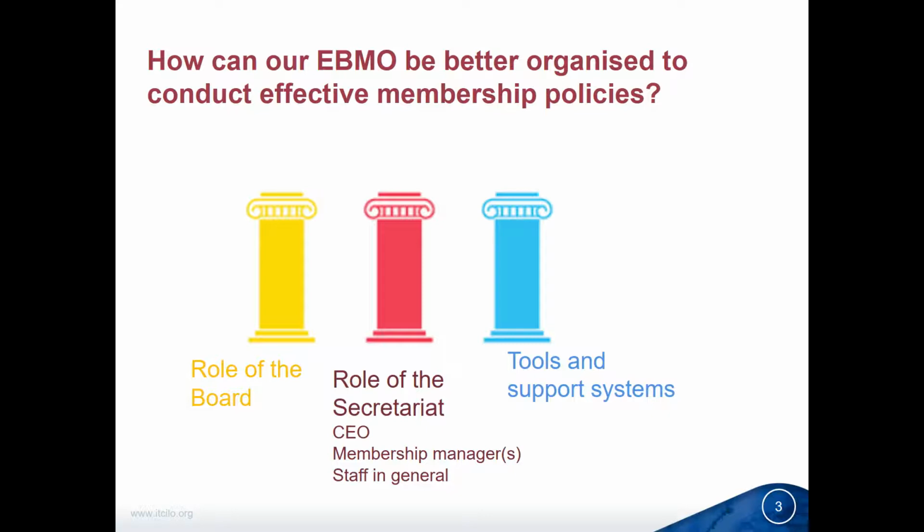So in the most important strategic decisions, the board has a role. And so this is why we should see how we can try to improve the role of the board for what concerns membership retention, membership recruitment, and also putting in place a system rewarding staff that is somehow contributing to membership development in the organization.